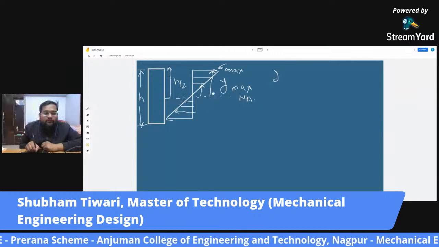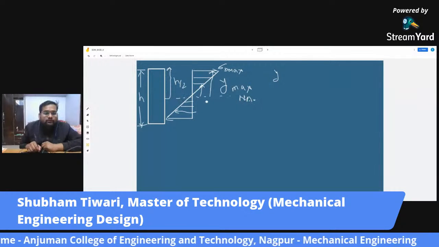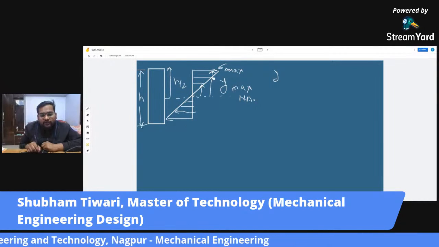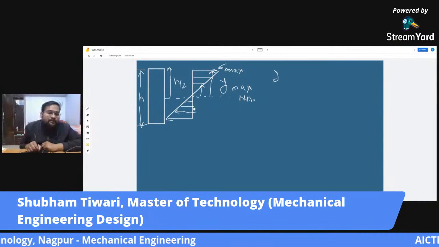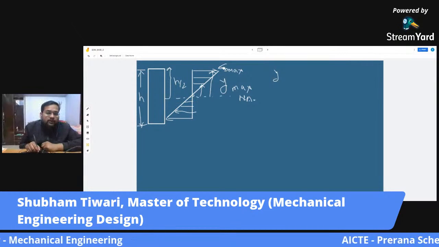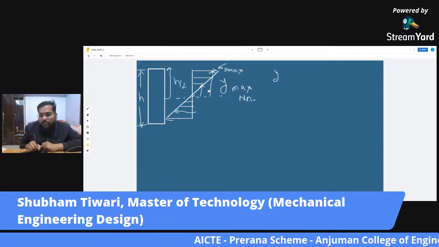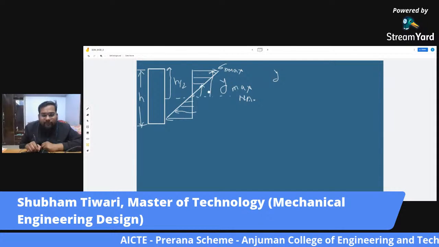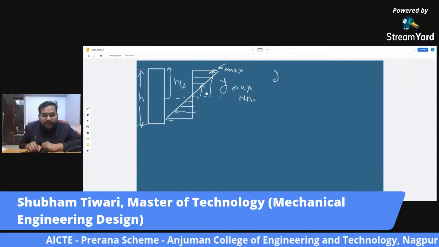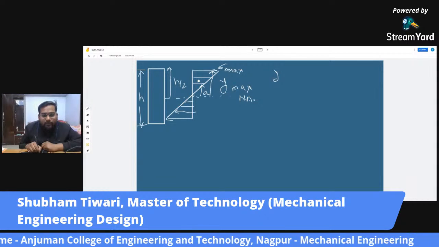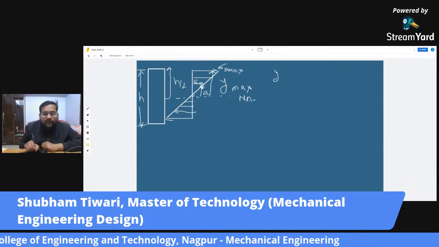So this is the neutral axis, and the distance of the topmost layer is y max. So at that top layer, the stress will be maximum. Now, let's say at a distance a, you have to find the value of sigma b, the bending stress here. So how will you find it?